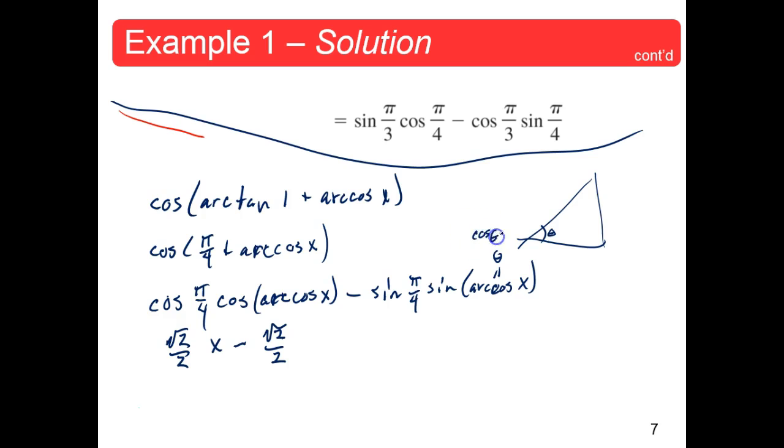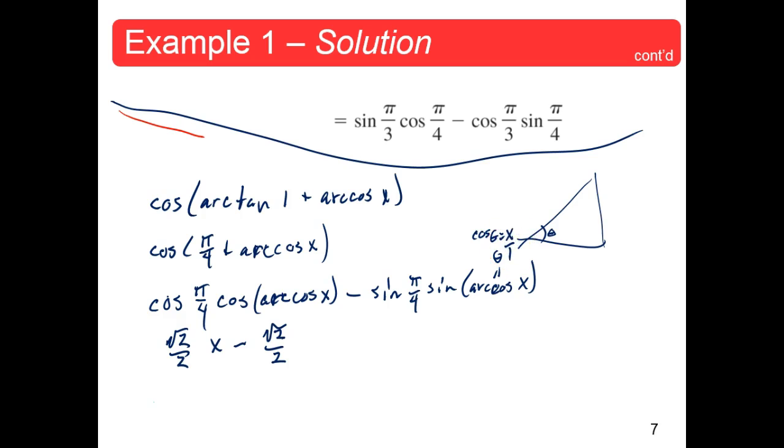Cosine theta equals x. Okay? Now, I usually like to see my cosines and sines and tangents as ratios. So what can we write as that ratio? X over 1, still the same value. Let's just write that as x over 1.